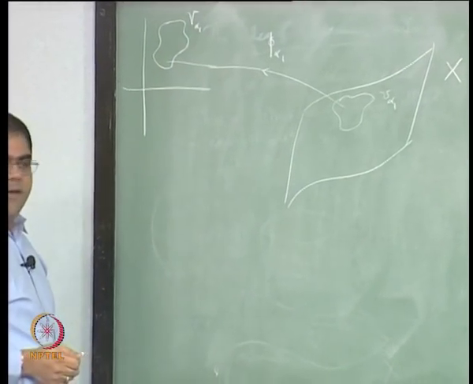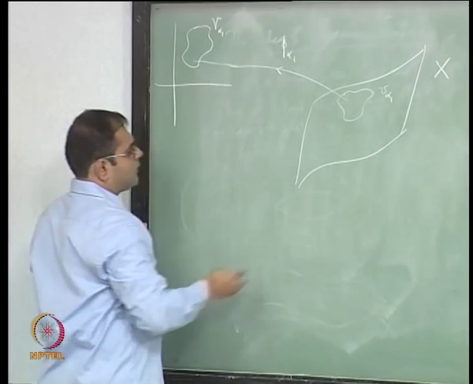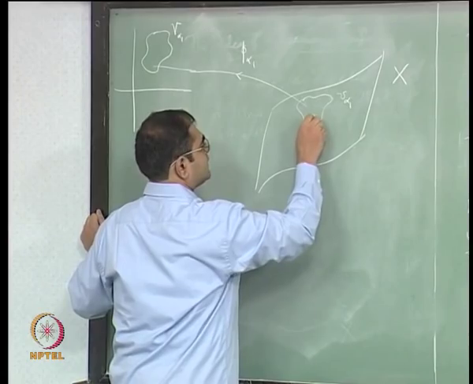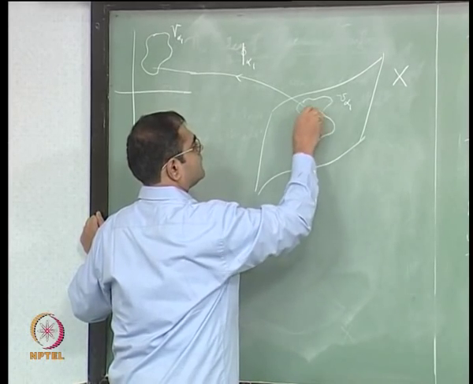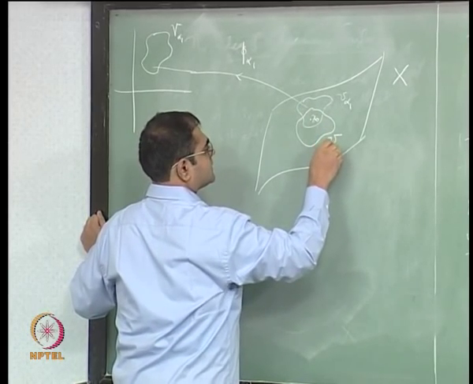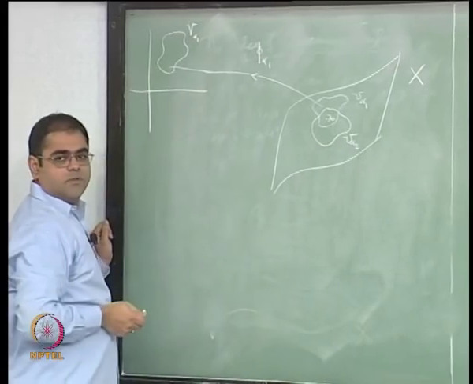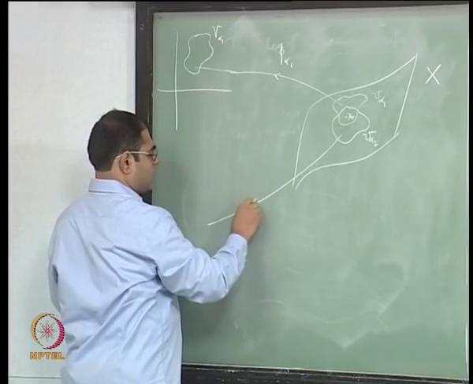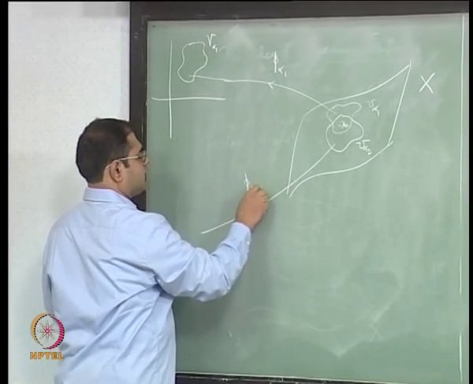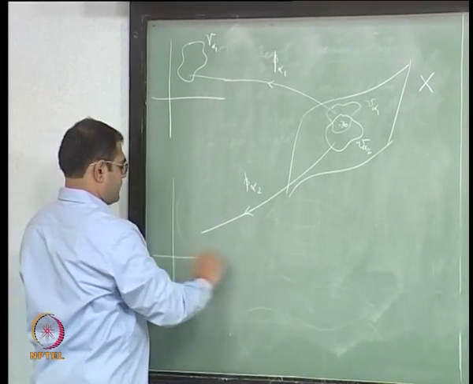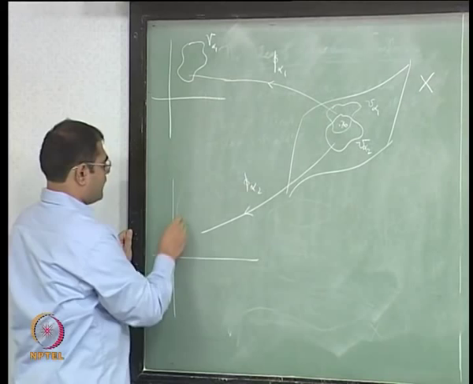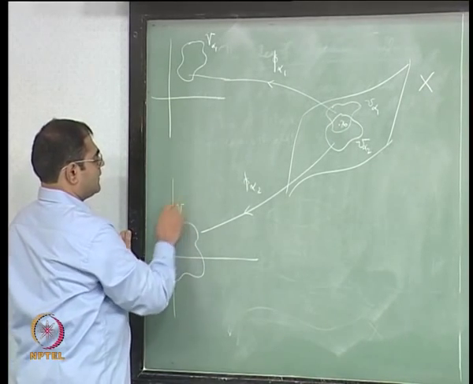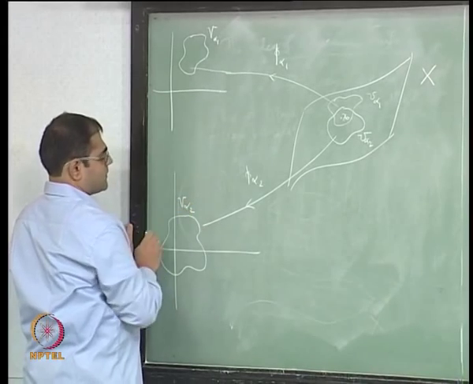Okay, and on the other hand, my point x naught also lies in another open set, which is u alpha 2, which is the first member of a chart. So there is again another homeomorphism phi alpha 2, which identifies this u alpha 2 with another open set, let me call that v alpha 2 in the complex plane.